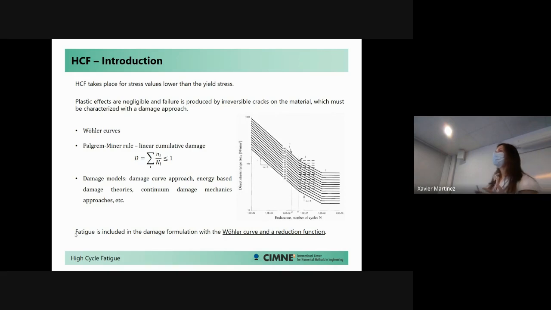The most common models are all related to damage simulation. There are models that use a damage curve approach, sometimes energy-based damage theories, continuum damage models, of course. And what I will show you today is also a continuum damage model, which is based on the Euler curve and also on a reduction function for the strength of the material.